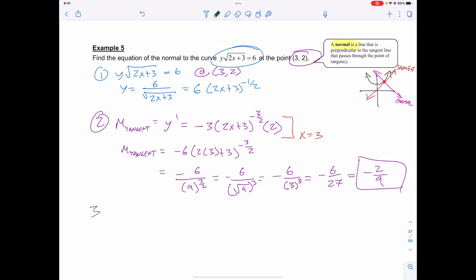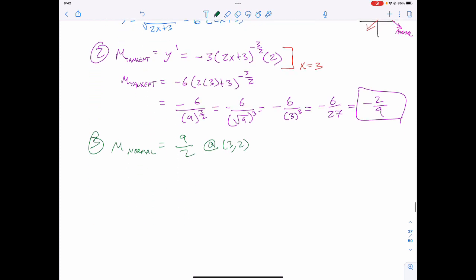Which means that my normal slope, because it's going to be perpendicular, is going to be the negative reciprocal, or positive 9 over 2 at the point of 3 and 2.